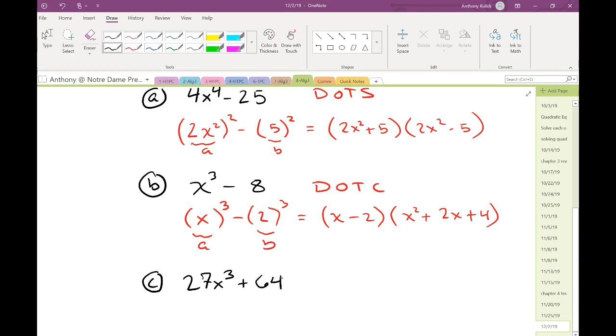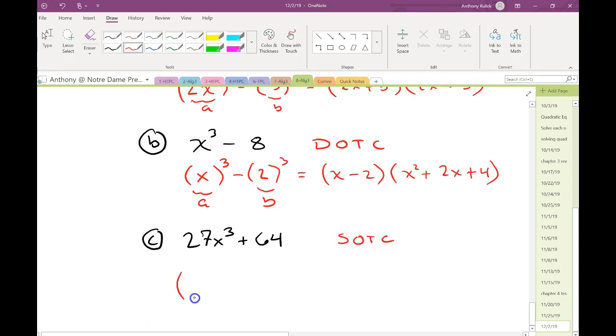How about this one? 27x to the third plus 64. What does this look like? Sum of two cubes. That's good. Okay. So 27x to the third, I need to be able to rewrite as something to the third.